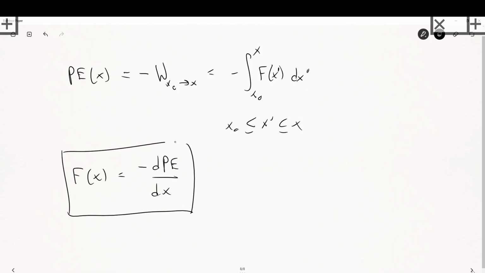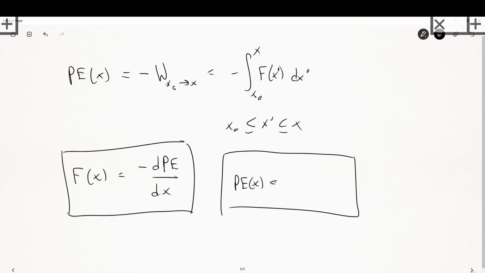When we're dealing with one-dimensional problems, we have these two formulas here. The potential energy is a function of your position variable, the negative integral from some reference point to the final point of f of x prime dx prime, and the force is the negative derivative of that potential energy.